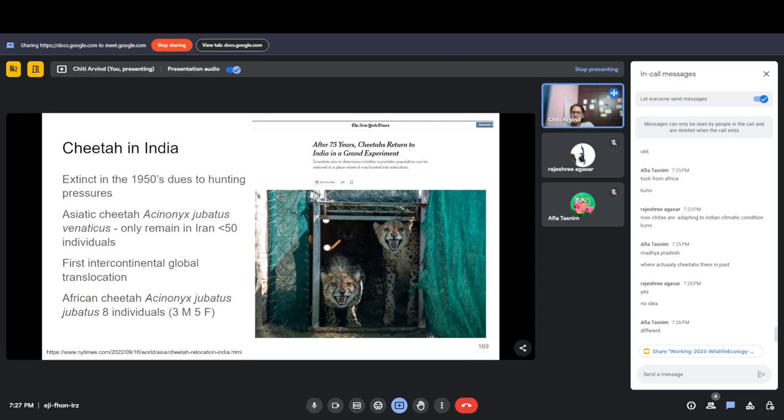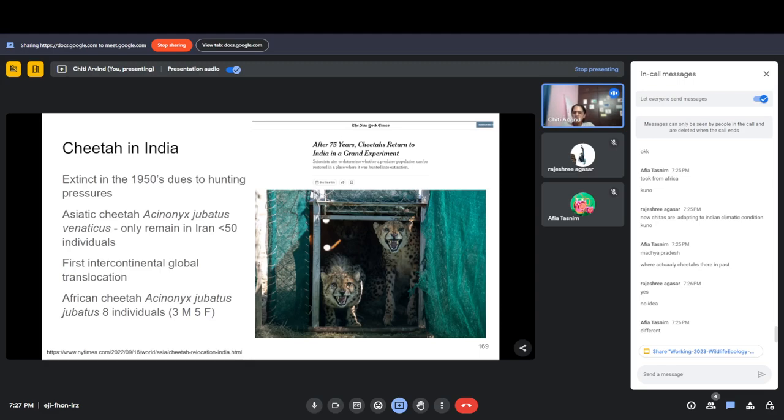So there are fewer than 50 individuals of Asiatic cheetah, which roamed around the Indian subcontinent, left in the wild, and this is present only in Iran. Only in Iran. And the African cheetahs are found distributed over the African subcontinent in various pockets.